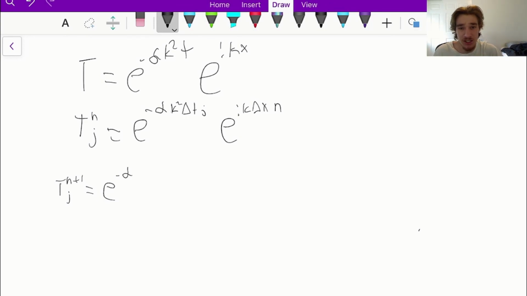And when our time changes, we're just going to get k squared delta t. So our n, apologies, this should be n right here, and this should be j. I messed up my variables, right? So our n in this case is going to disappear because it's going to be positive, so that means our delta value will be positive, right?